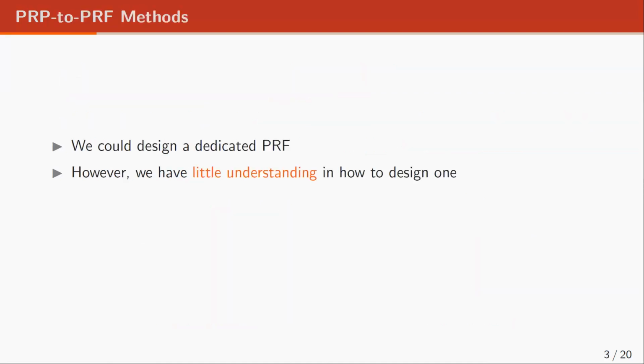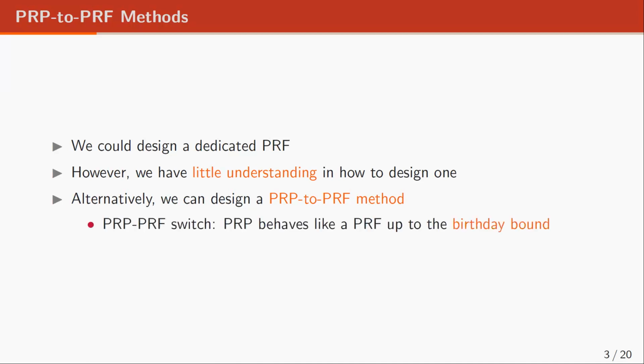So what we could try is to design a dedicated PRF, but we have little understanding of this, and we are much better with invertible primitives like PRPs. So instead, we could try to design a PRP to PRF conversion method. The most straightforward way to do this is by simply using a PRP directly as a PRF. But this gives only security up to the birthday bound.